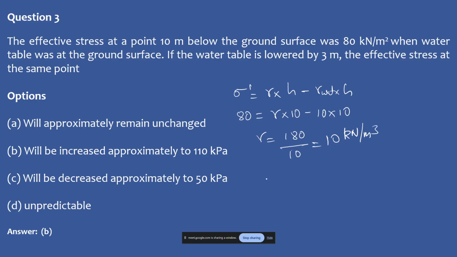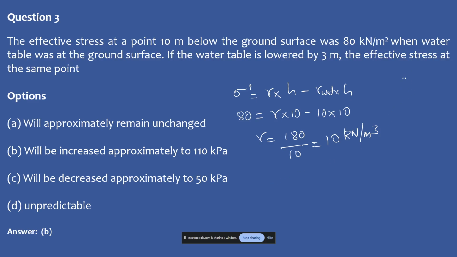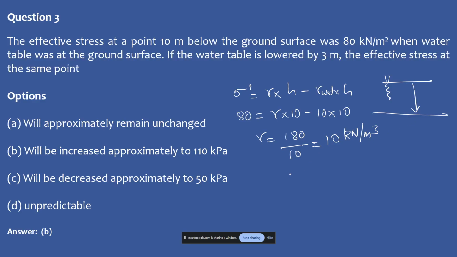Then you have been asked, if the water table is lowered by 3 meter. So initially your water table was available here. Now let's say it is lowered by 3 meter. So whatever your H is, how much is the reduction?